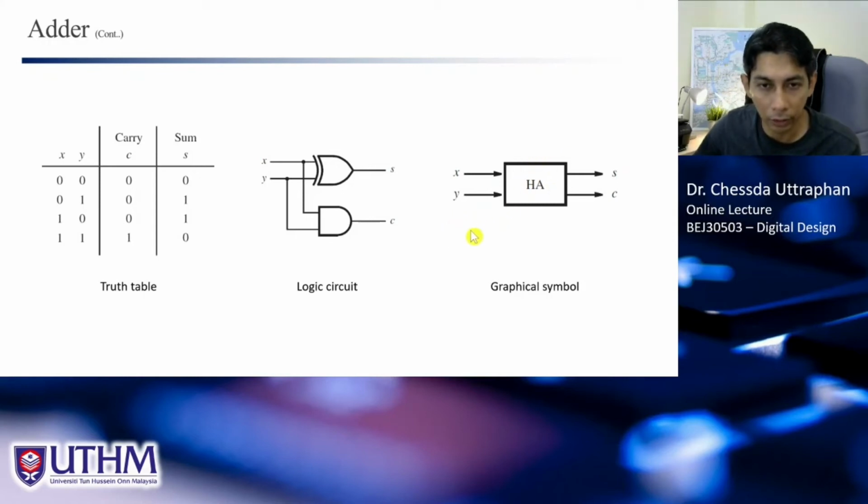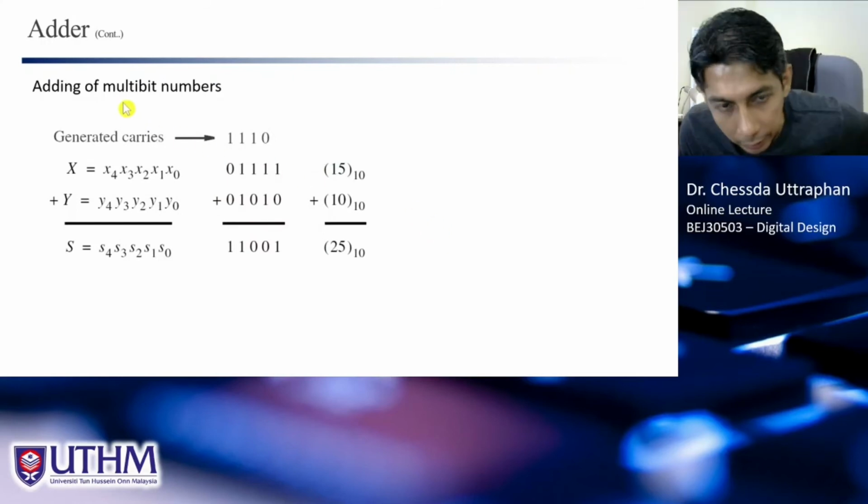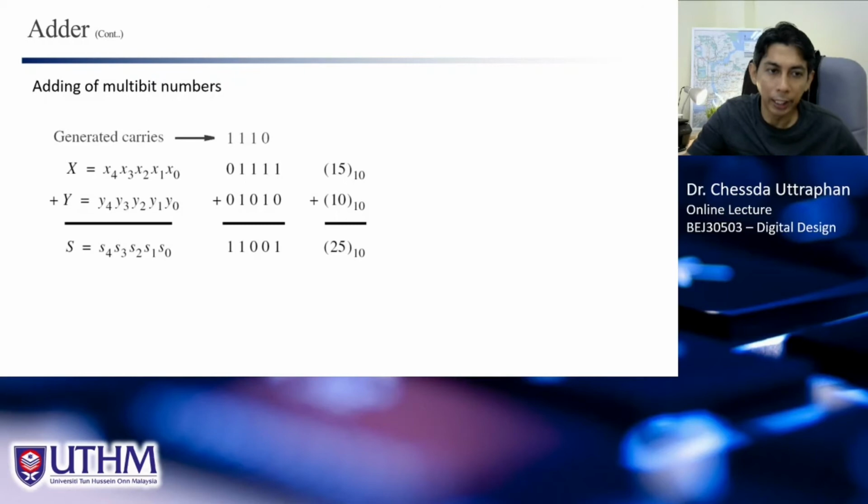But the half adder is not good yet, because it can only add 1-bit numbers, and a 1-bit number is very small, right? Only 0 and 1. So this is not very useful yet. Now we want to add more bits to have very useful hardware that can calculate big numbers, numbers that we use every day, right?